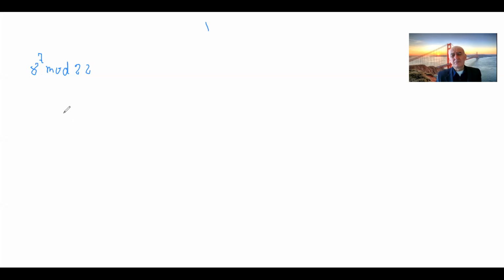However, let me show another way using modular arithmetic, when we have big numbers, such numbers that it's impossible to find on an ordinary calculator. How can we find it using modular arithmetic?